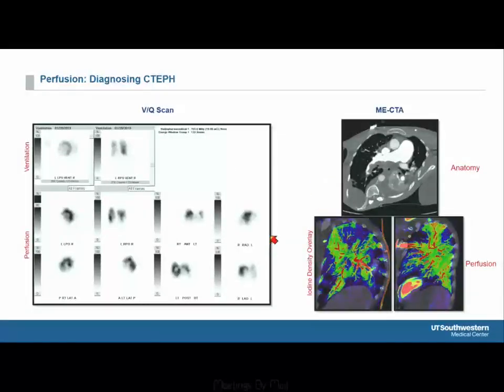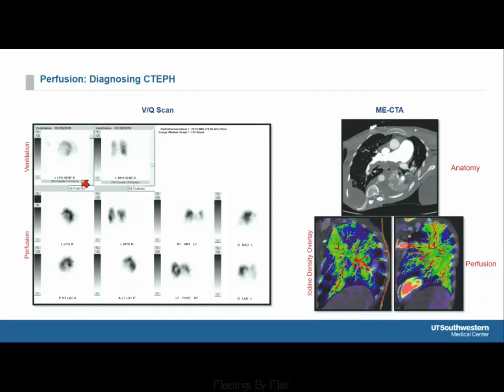We can definitely apply that in the assessment of patients with pulmonary hypertension. As we know, VQ scans play a significant role in the diagnosis of pulmonary hypertension patients by detecting the ones who have chronic thromboembolic pulmonary hypertension as a cause, which would be potentially treatable with surgery or balloon angioplasty.